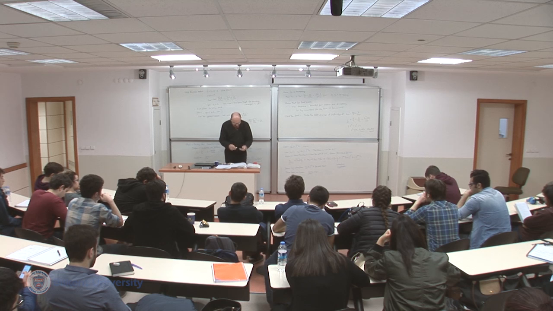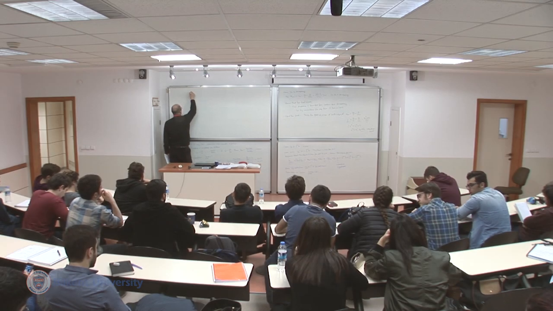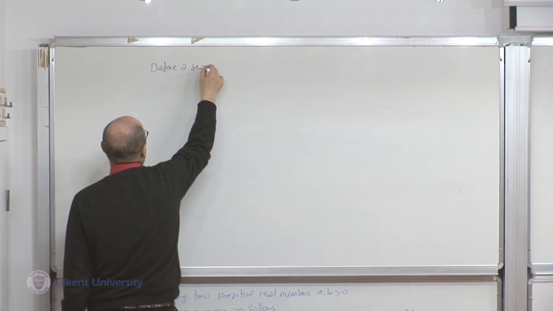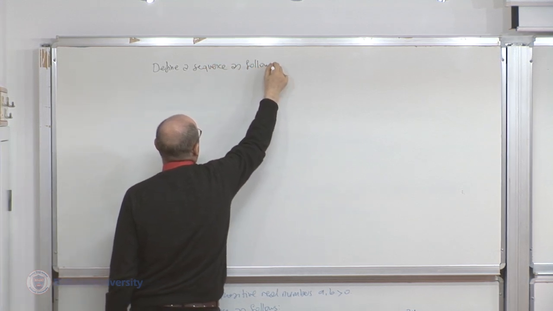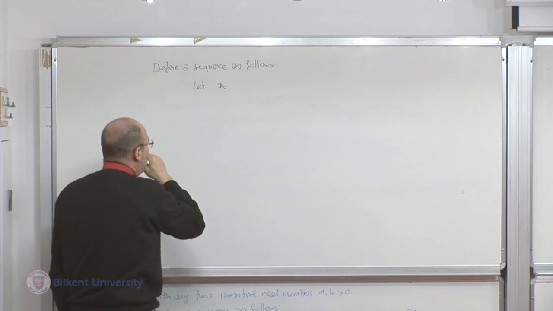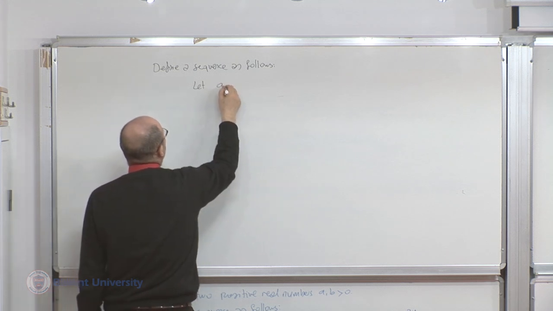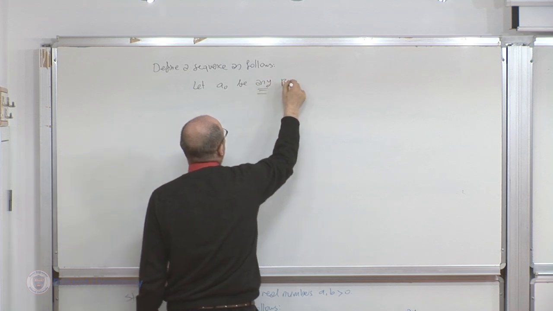Okay, so this is one way of doing it. Not all sequences are easy like this. So we have this sequence, defined a sequence as follows. Another thing. This time let me use a_n. Let a_0 be any positive integer.